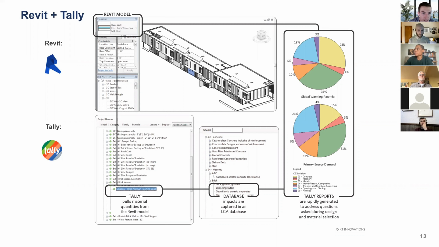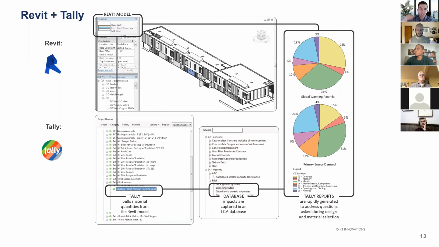And then once that's defined, you can open up the Tally plugin, which is a database of material information and the embodied carbon information related to those materials. You have to do the linking of individual elements to the materials that they align with. And as I mentioned earlier, this is also an assembly builder.